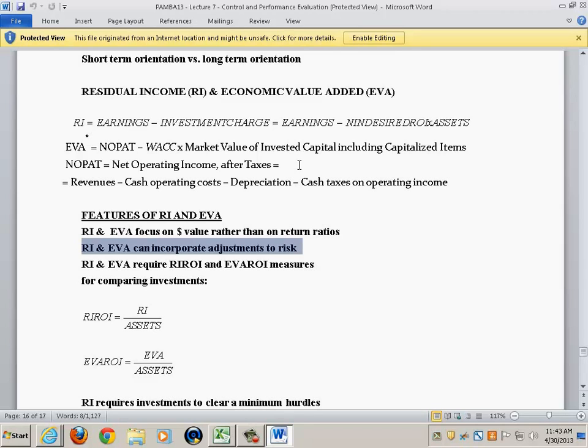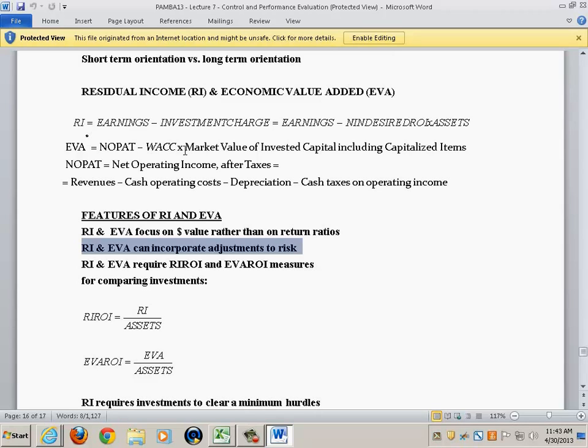The ROI doesn't directly incorporate adjustments to risk, but in residual income and economic value added, you can, in the minimum desired rate of return on investment, or in the weighted average cost of capital, include a risk premium by upping the number if you think that the operation is riskier or the company is riskier.